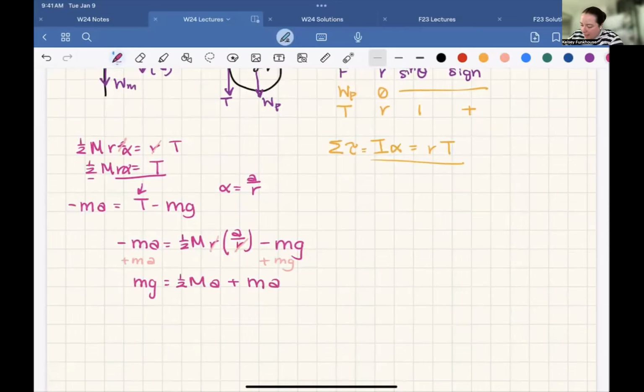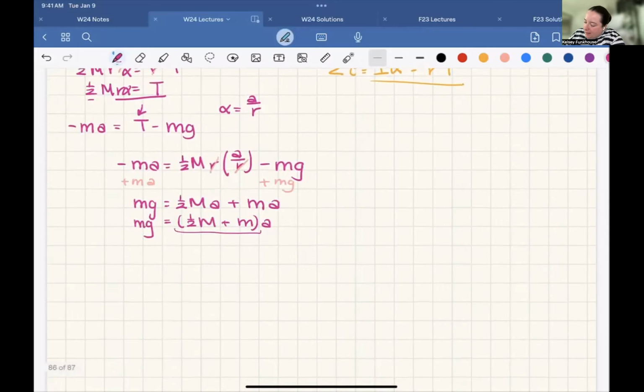And we can factor the a out. So we end up with 1/2 M plus little m times a. Then we can divide the parentheses from both sides to get the acceleration by itself. So we get mg over 1/2 M plus m equals a.